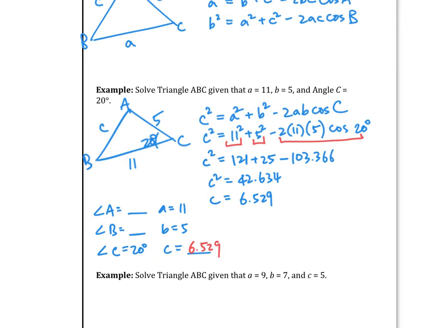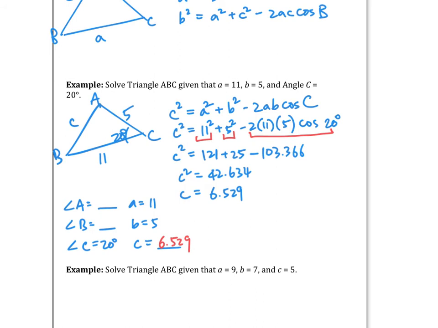Because law of sines is not able to detect whether the angle is an obtuse angle. What that means is if an angle is an obtuse angle, it will always tell you the angle is acute. So then you can never figure out if that angle is acute angle or an obtuse angle. So if you had to start with law of cosine, I would suggest that you just finish with law of cosine so that you can get the correct triangle. So that means if you want to find angle A or angle B, you got to use law of cosine.